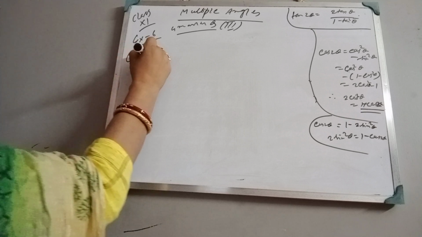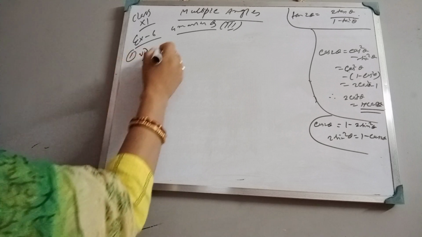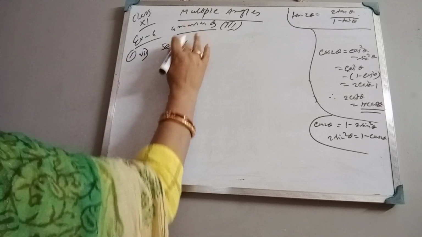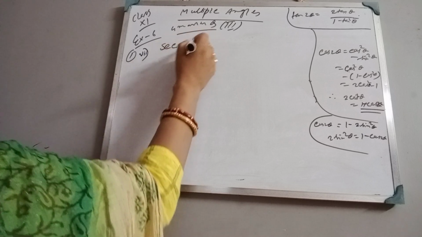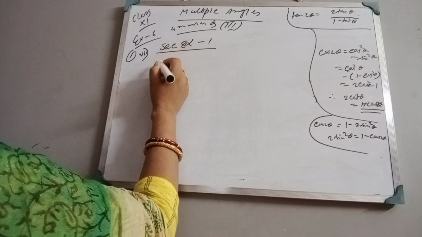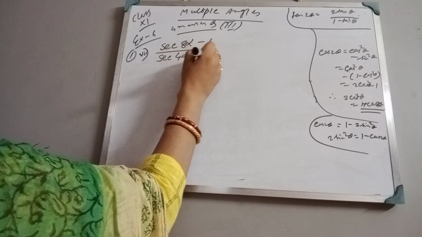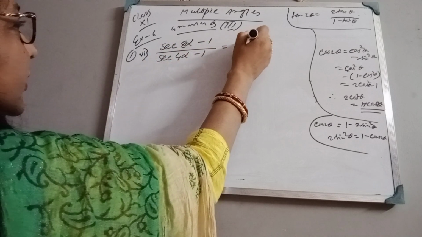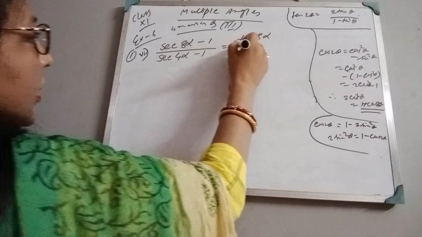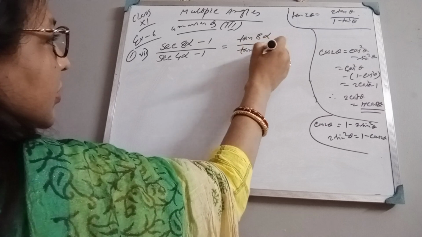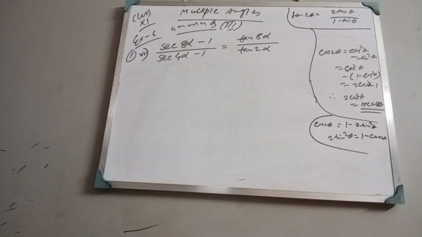Okay. Sum number 7. The question is sec 8 alpha. We have to prove sec 8 alpha minus 1 by sec 4 alpha minus 1 is equal to tan 8 alpha by tan 2 alpha.